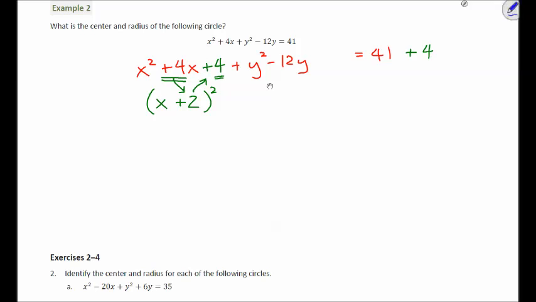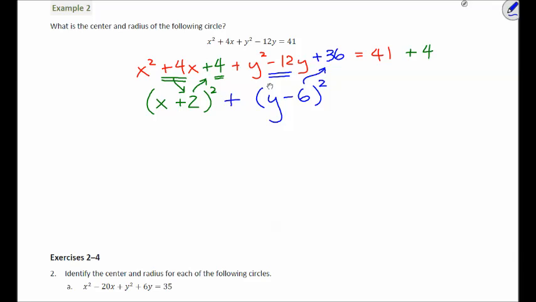All right, now let's look at y. And in y, let's see here, half of negative 12 is going to be negative 6. But in order for me to get that perfect square trinomial, what I needed right here was negative 6 squared, meaning negative 6 times negative 6, which is a positive 36.